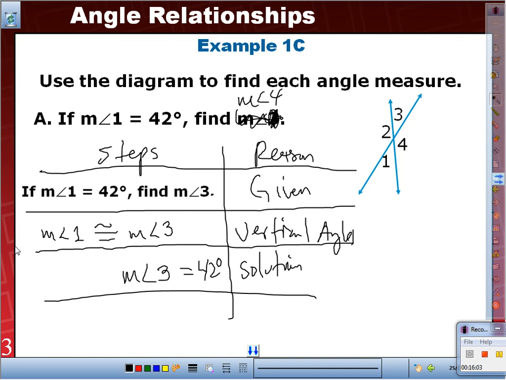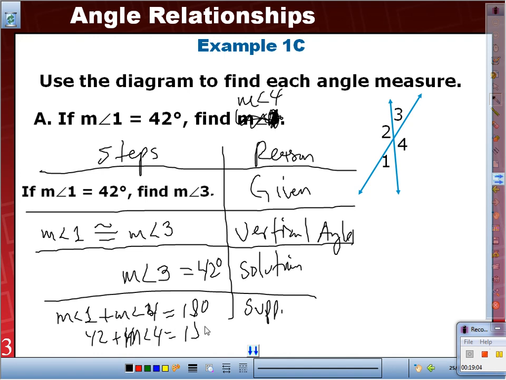And then we saw, I know it's a little bit hard to picture, but we had measurement of angle 1 plus measurement of angle 4 is equal to 180, and we said that is supplementary, right? So then the next step would be substituting the 42, so it will be 42 plus measurement of angle 4 equals 180, and then we solve, yes? So therefore measurement of angle 4 is what, everyone? 138. Okay, copy this next one, please.